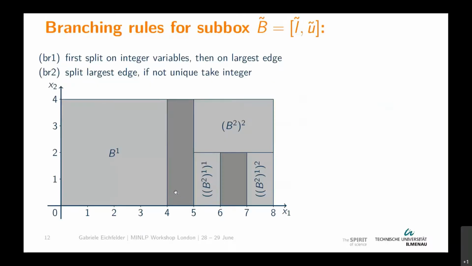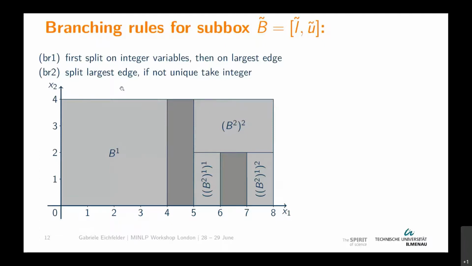And here is now our branching rule. Typically, in general, for single objective mixed integer optimization, you would always split with respect to the integer variables. This is because you're used to that as soon as you have your optimal integer assignment, you are done. You only need to find that. But as I've explained to you, in multi-objective optimization, it can even happen that all integer assignments contribute to the overall non-dominated solution set.